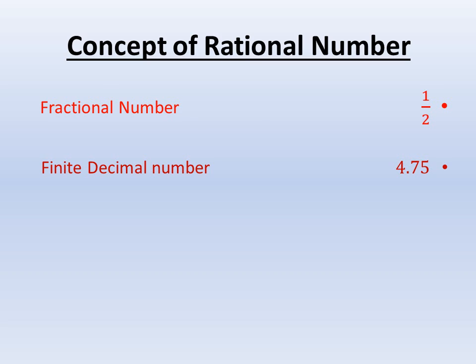So this number 4.75 has only two digits after the point, 7 and 5. This means this decimal number is finite. This kind of decimal number is also called a rational number.